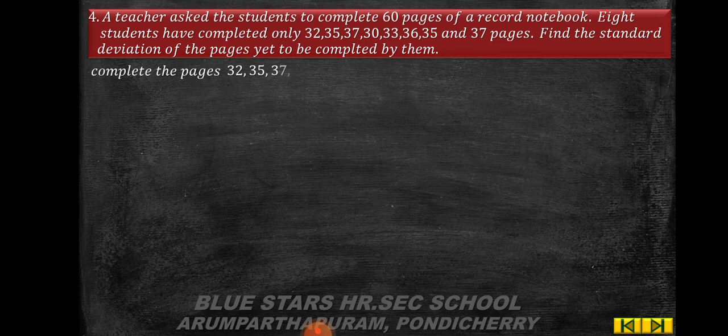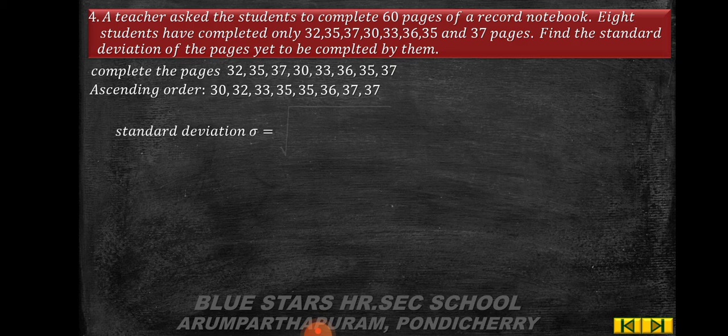So the completed pages are 32, 35, 37, 30, 33, 36, 35, 37. Arrange the data in ascending order. So standard deviation sigma is equal to root of summation di square by n minus summation di by n the whole square.